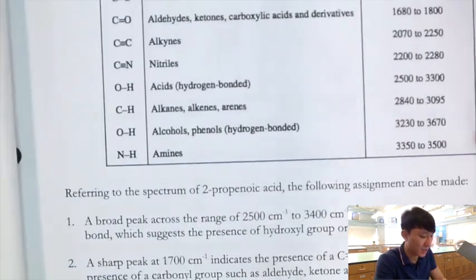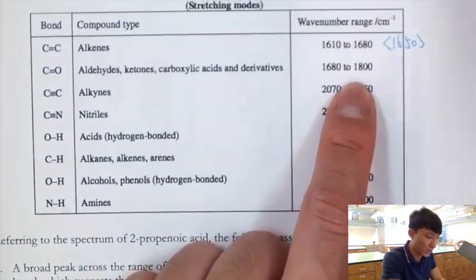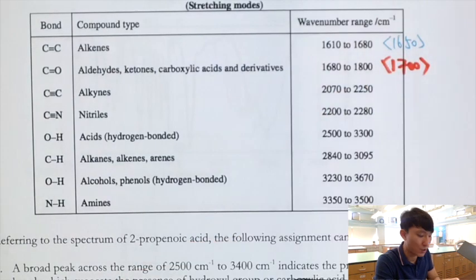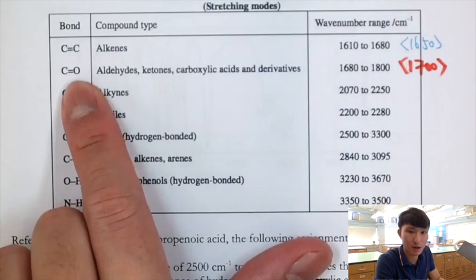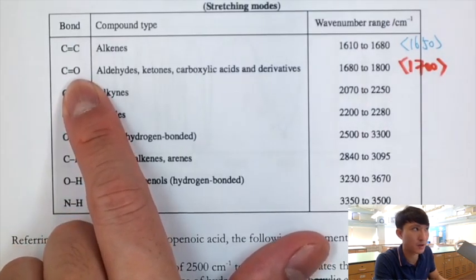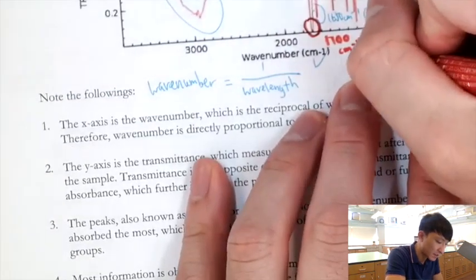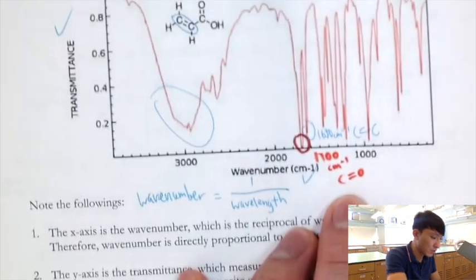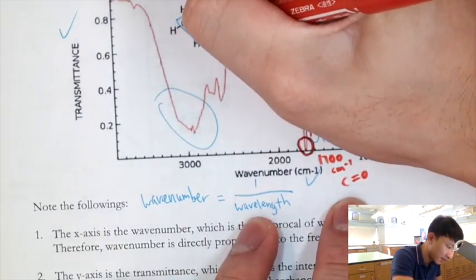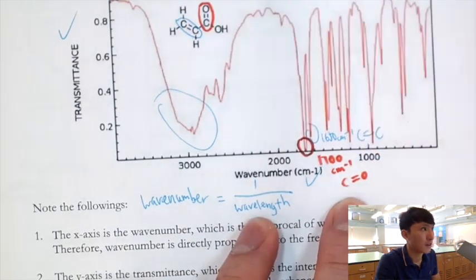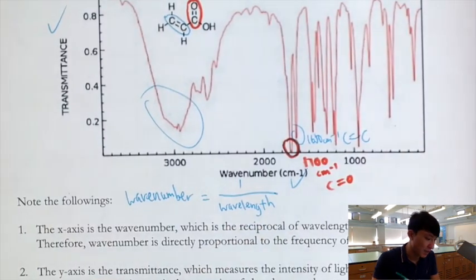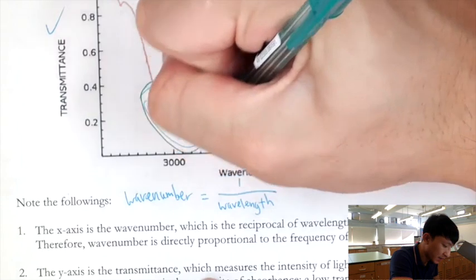If you check the range over here, it corresponds to the presence of a C=O double bond, a carbonyl group. So we know that it is a C=O double bond, which is also present here. And then lastly, as you can tell, this very broad peak over here.